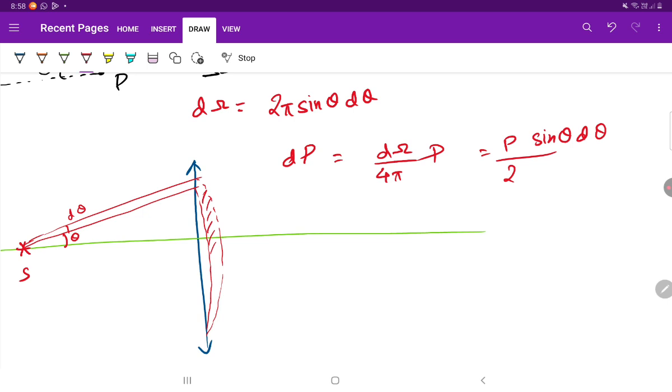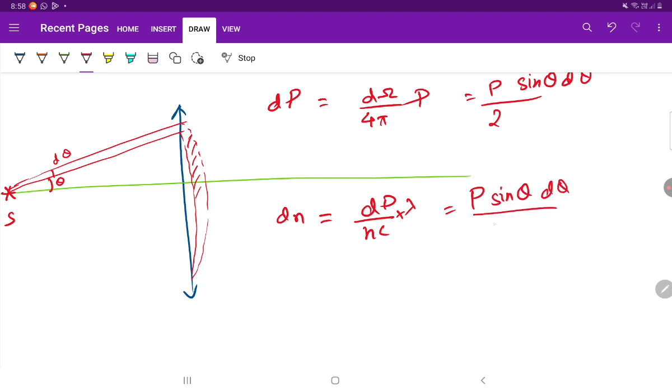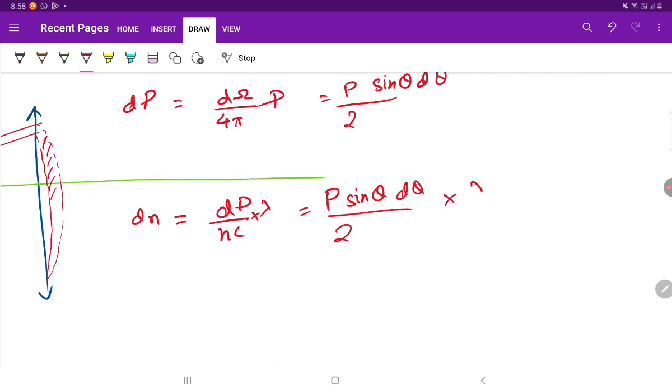So this gives me the differential power through this circular strap. Now can you tell me the number of photons passing through it? The number of photons dn is equal to dP by hc over lambda, so you get P sin theta d theta by 2, times lambda by hc. This will be the number of photons crossing this lens.